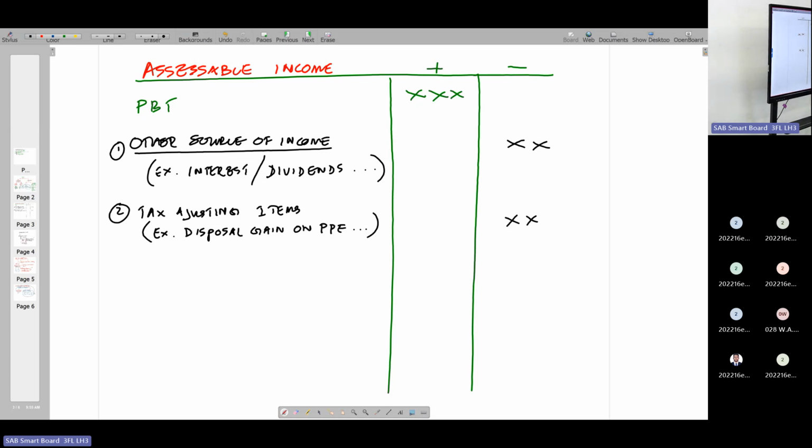Example, say on administration cost or the manufacturing cost, there may be accounting depreciation. So I have to disallow. Disallow means that particular expenditure was already deducted when I worked out the accounting profit. So therefore I have to add that back. Right?